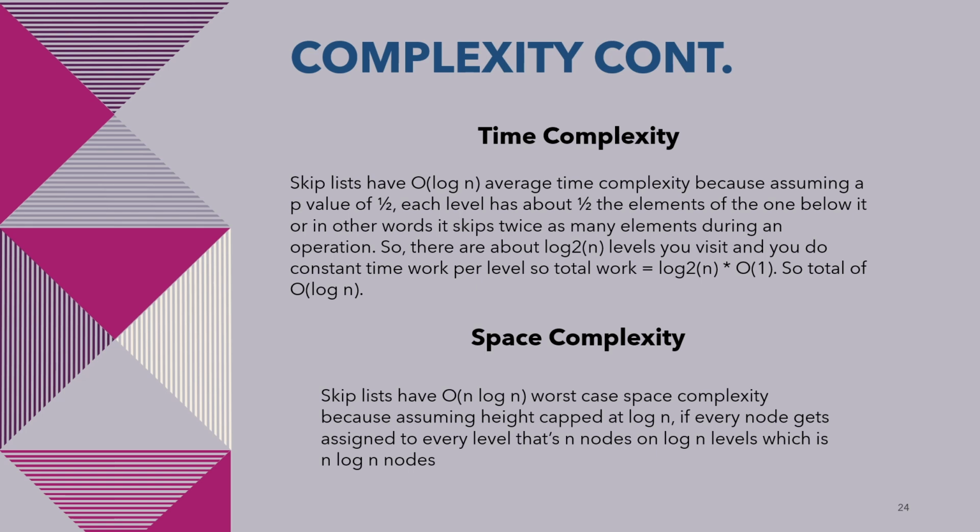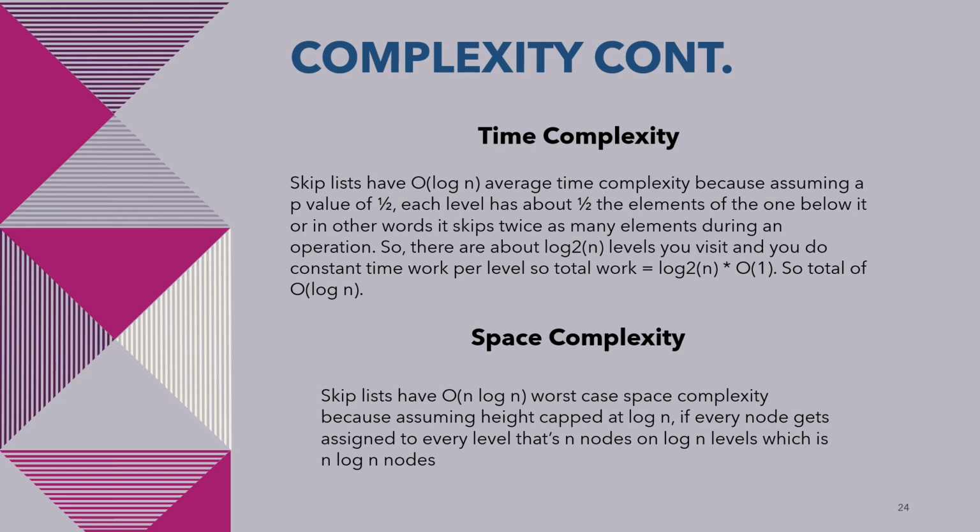So there are about log base 2 of n levels that you're going to visit, and on each of those levels, the amount of work you do is constant. So the total work is going to be that log base 2 of n times a constant time operation, which is a total of big O of log n.